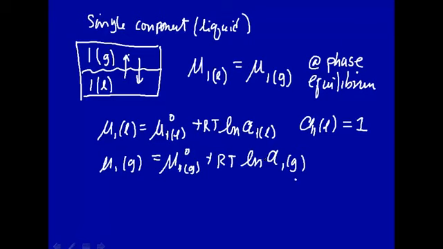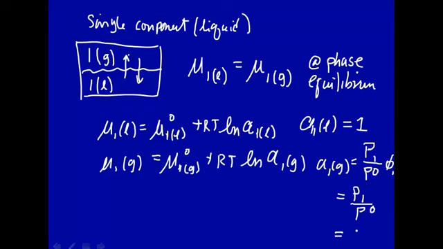And the activity of the gas phase, remember, the activity, let's say of component 1 in the gas phase, will be equal to the pressure in the gas phase divided by the pressure at some standard state times some fugacity constant. Let's assume that we have an ideal solution, so that this is just the pressure of component 1 divided by P0. That's what the activity is.